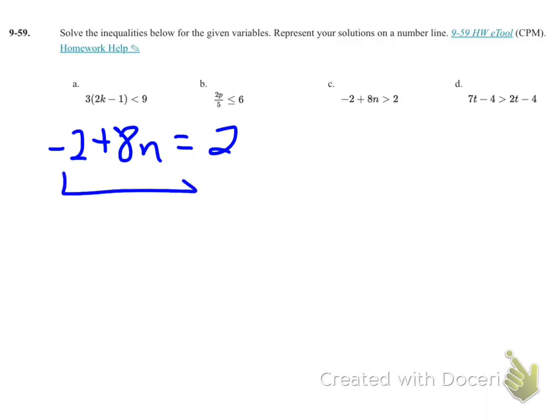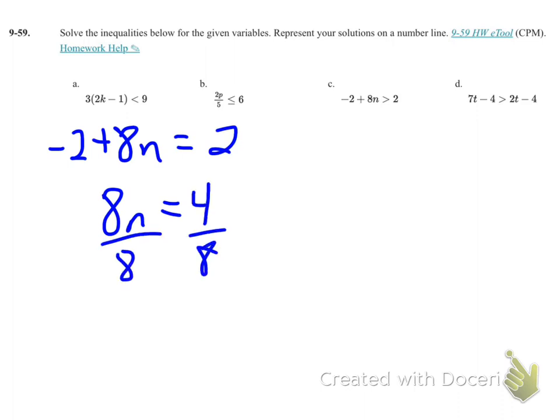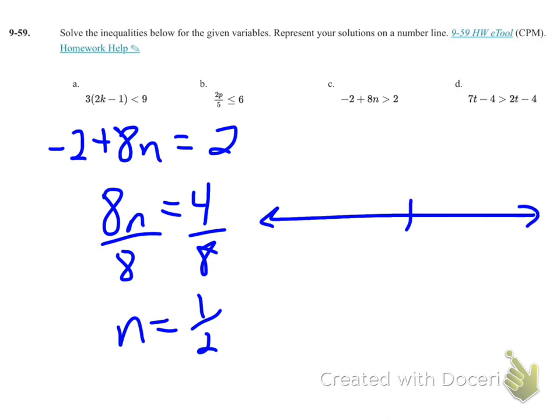I'm going to move the negative 2, so add 2 to both sides, and I get 8n equals 4. And now when I divide by 8, I have n equaling 4/8, which is 1/2. That is my boundary point, 1/2. 0 is still on the left side of that. This is going to be now an open circle because it is not or equal to.